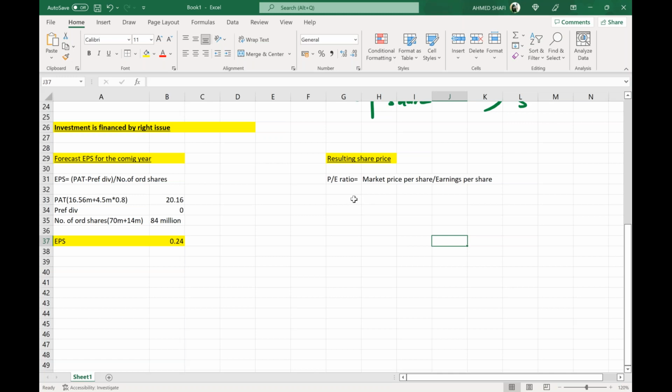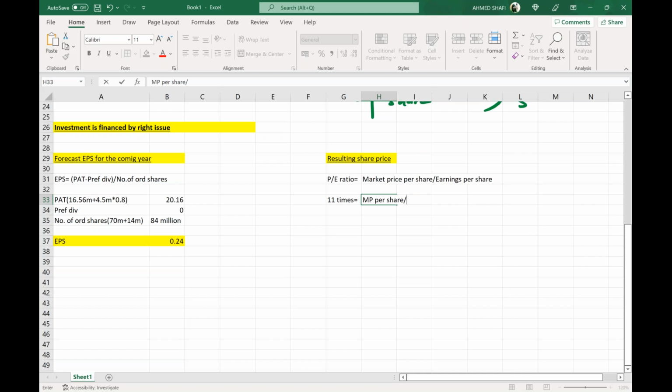Now, as far as P/E ratio is concerned, it will remain constant at 11 times. You need market price per share for the coming year, put it X, over earnings per share for the coming year. For the coming year, P/E ratio will remain constant. Market price per share needs to be found.